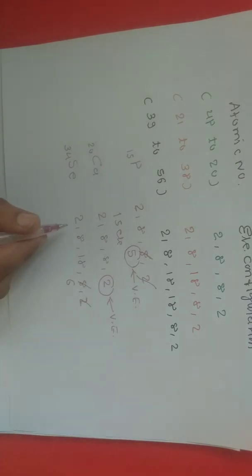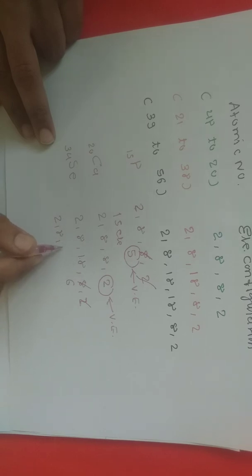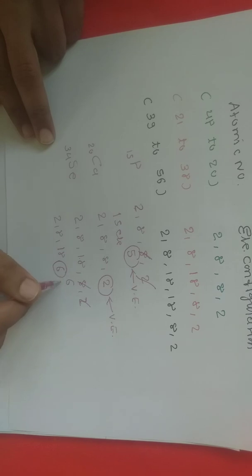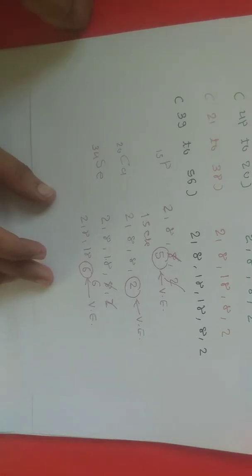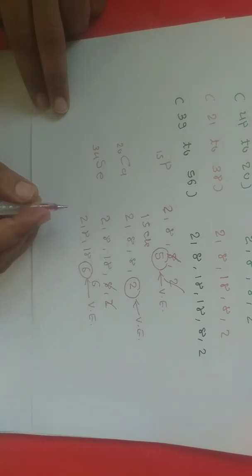So the new electronic configuration of selenium is 2, 8, 18 and 6. So definitely this last digit 6 is the valence electron of selenium. Likewise, you can draw the electronic configuration and know the respective valence electron.